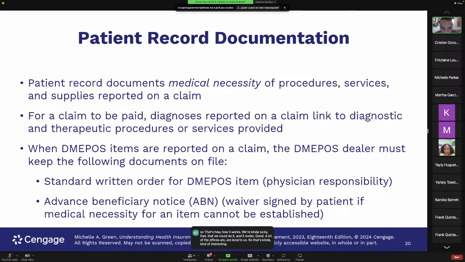So every single thing that we give to a patient, service, procedure, medication, DME, crutches, anything that we bill, will be checked for medical necessity. Okay? Every single thing. Because of that, you need two things to get something paid. You need a CPT that matches an ICD.